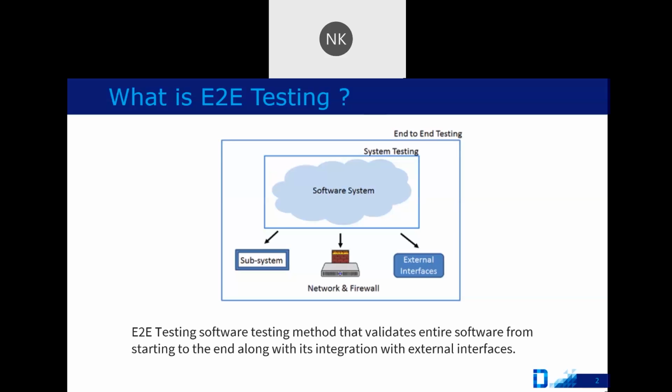Furthermore, we can explain it like this. In software testing, we can break the testing process into different levels. We can call them phases. For example, we have unit testing, integration testing, system testing, acceptance testing, like that.